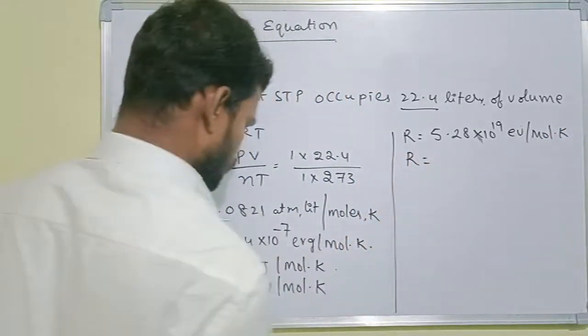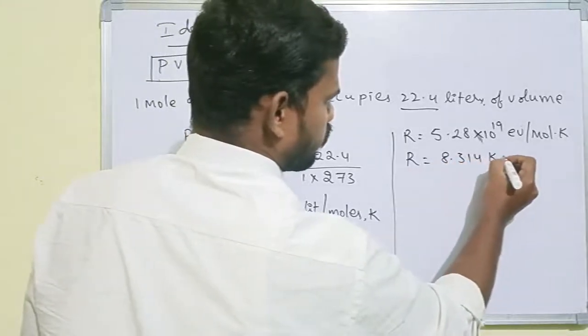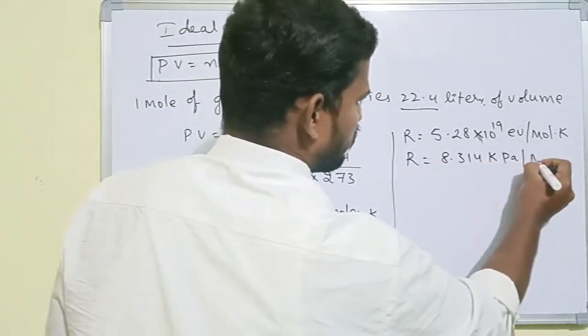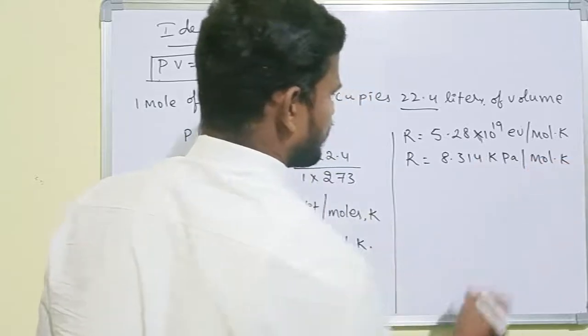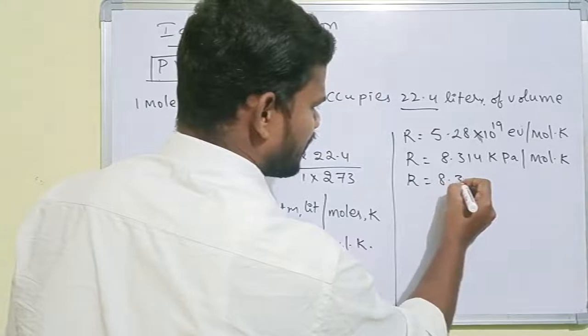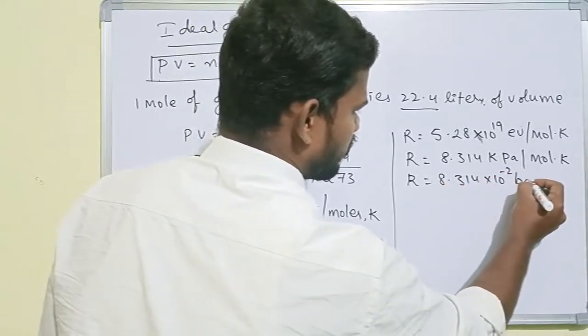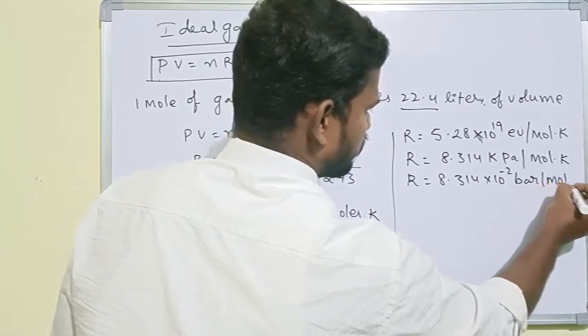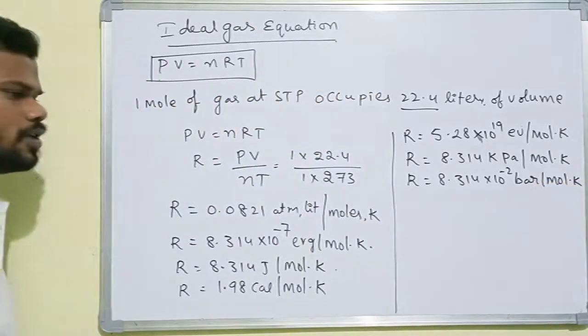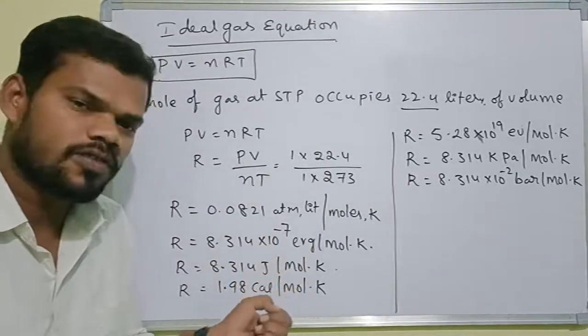Then R equal to 8.314 kilopascals per mole Kelvin. Then R equal to 8.314 into 10 power minus 2 bar per mole Kelvin. So these are the different R values we are using.